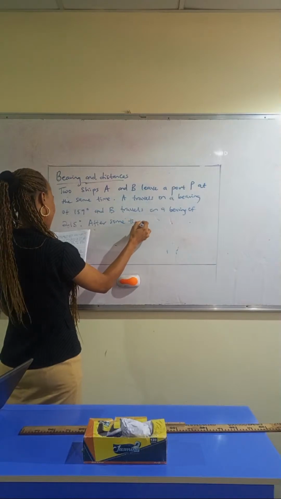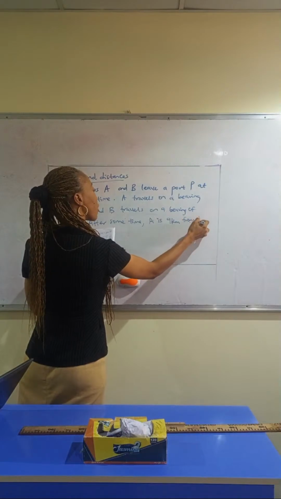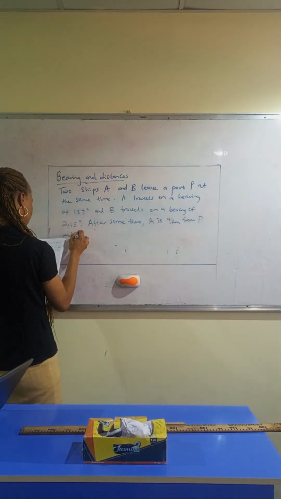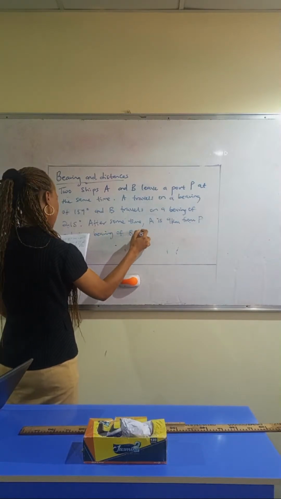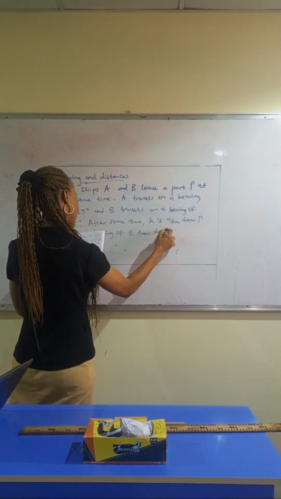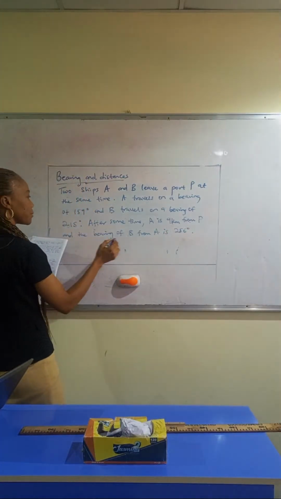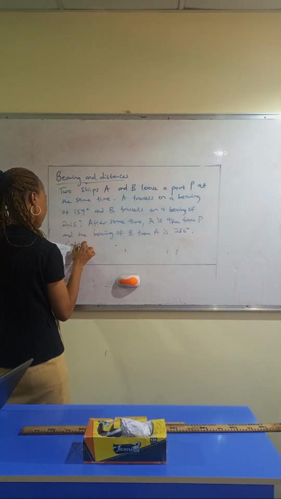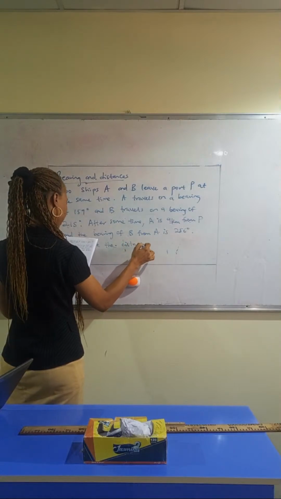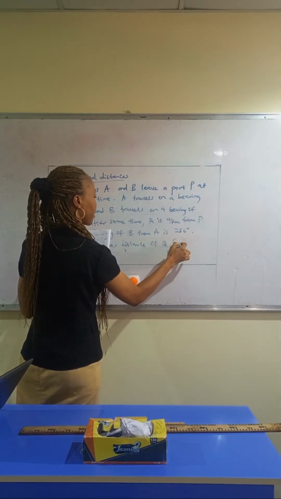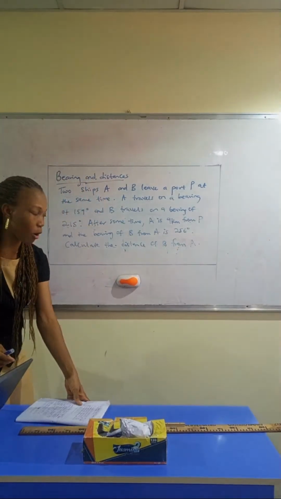After some time, A is 9 kilometers from P, and the bearing of B from A is 256 degrees. Calculate the distance of B from A. Please note the question because I'm going to clean it up and solve it.